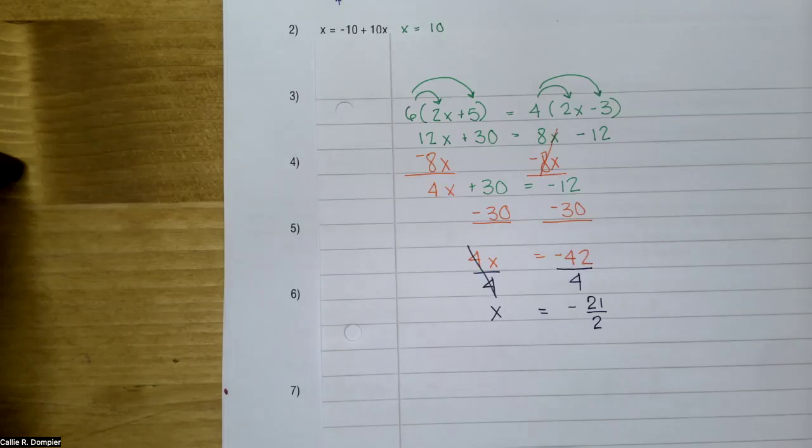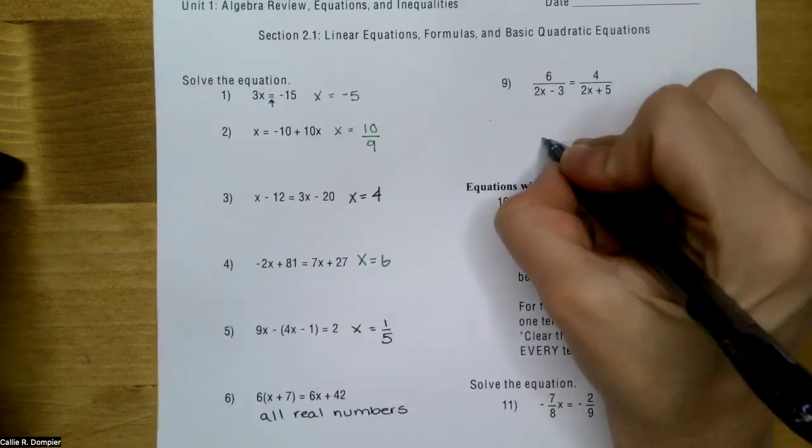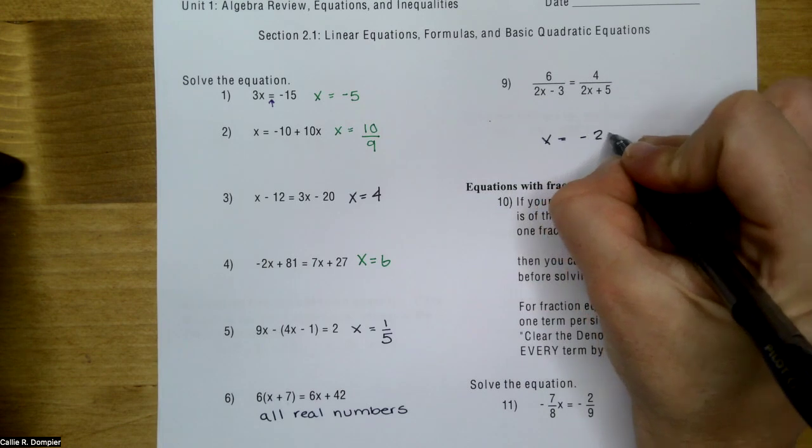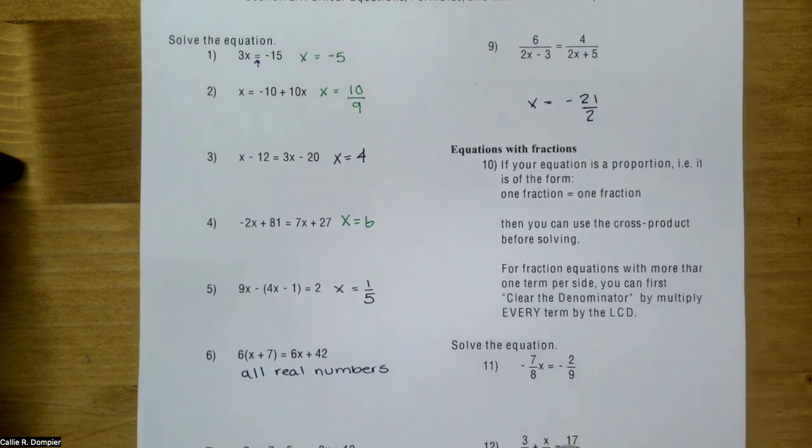Good. So that is the answer to number 9. X equals negative 21 over 2. You can use Desmos to simplify it, or you can just think 42. I can divide 42 by 2, and I can divide 4 by 2, so I'll factor out a 2. Good?